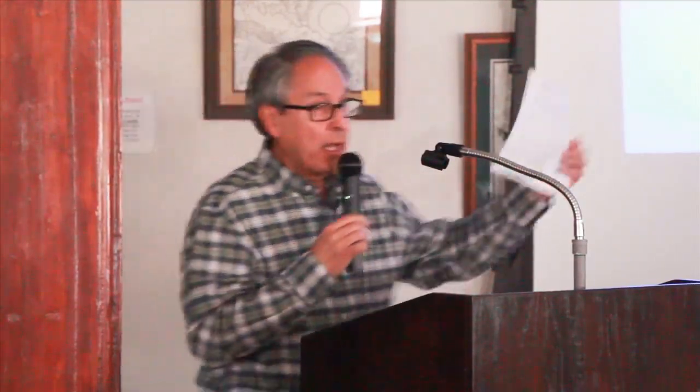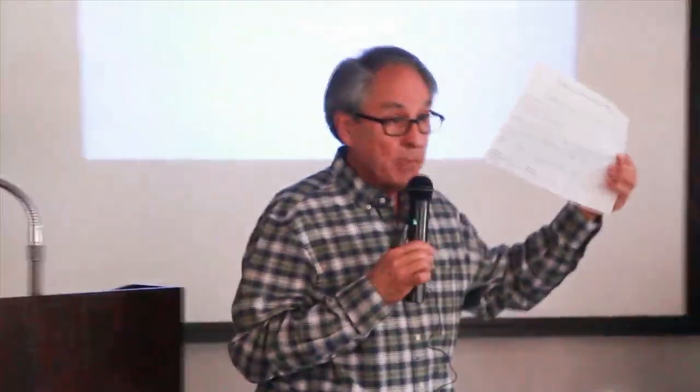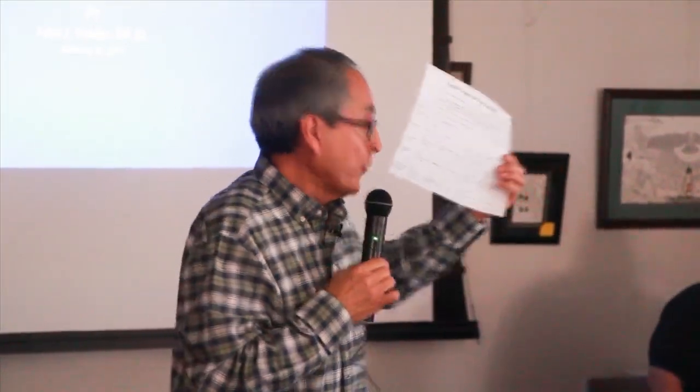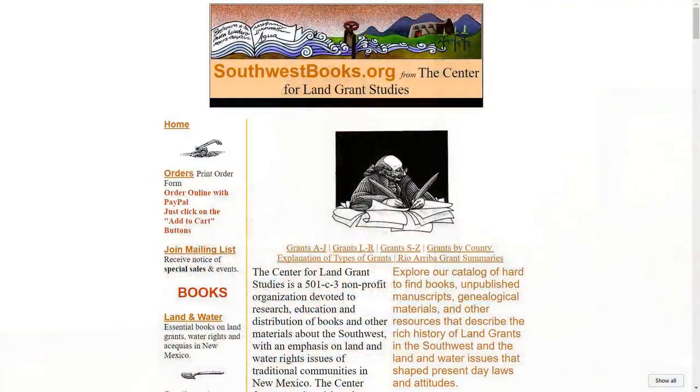The next thing I have is one of the things that I found in my research, these 3 or 4 pages. In order for me to find out which were the land grants in Taos County, I googled Malcolm E. Bright's website, and it is basically www.southwestbooks.org.